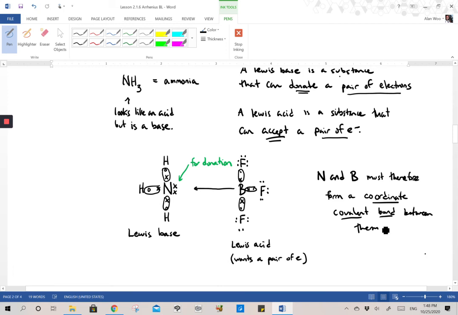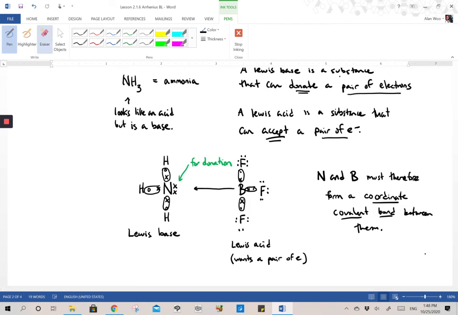So now we have basically 3 separate definitions for acids and bases. We've gone from very simple definitions of an acid and base to a moderate definition that's a little bit more involving with protons, to finally a more complicated way of looking at how acids and bases interact in the form of Lewis acids and Lewis bases. Hopefully this isn't too confusing.